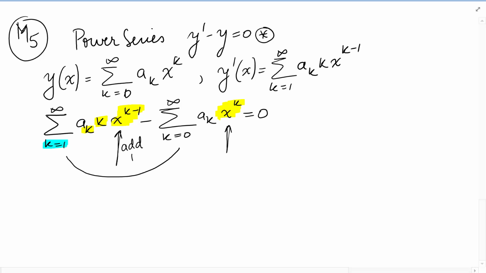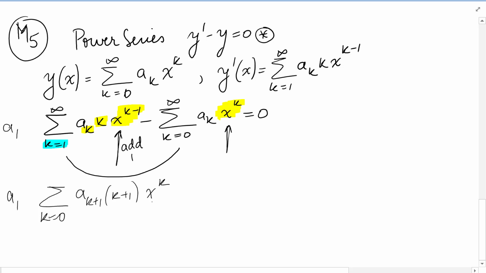So we have the sum of a sub k plus 1 times k plus 1 x to the k. The first term of this series is actually a sub 1. To obtain a sub 1, now that we changed k into k plus 1, we have to start at 0, because a sub 0 plus 1 gives us a sub 1, and then 2, and then 3.